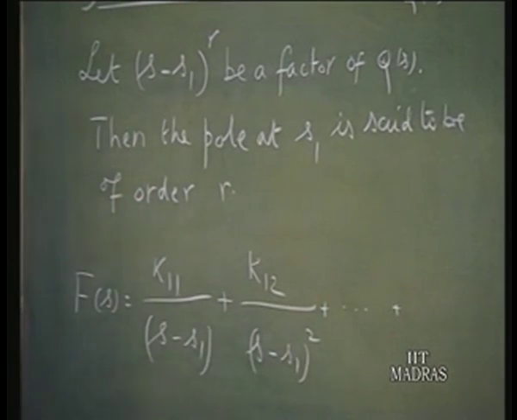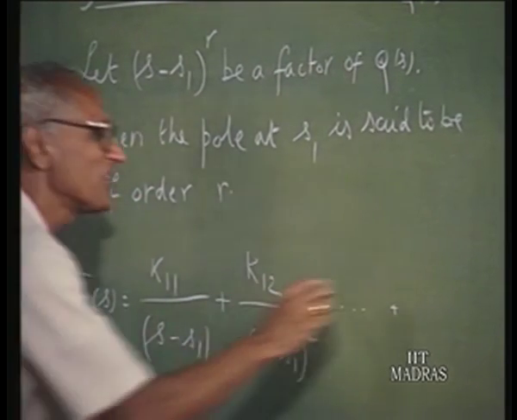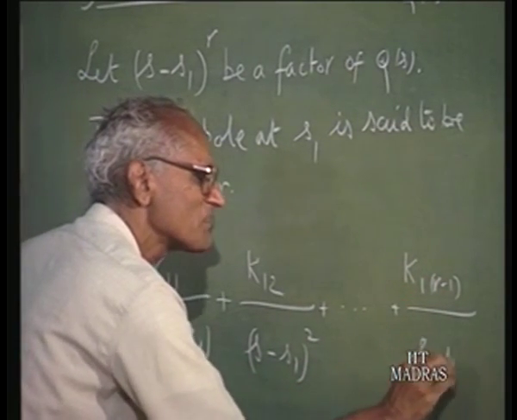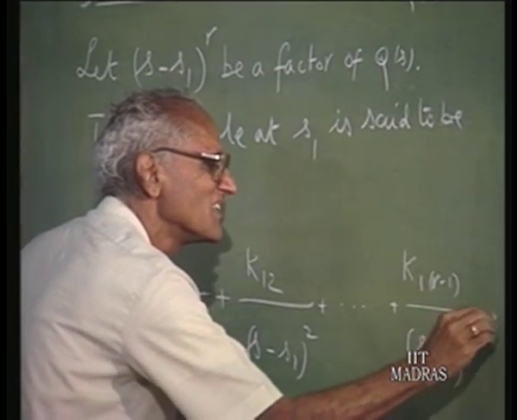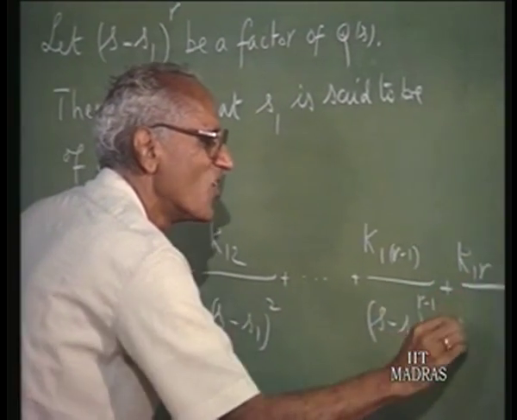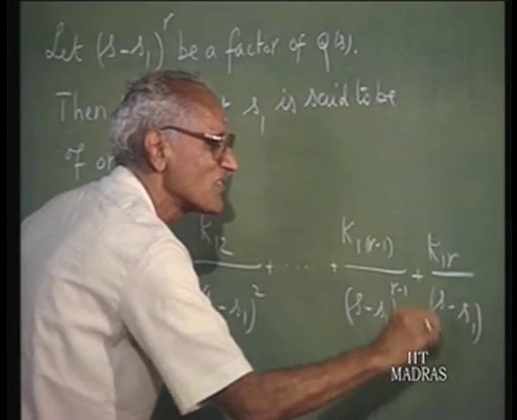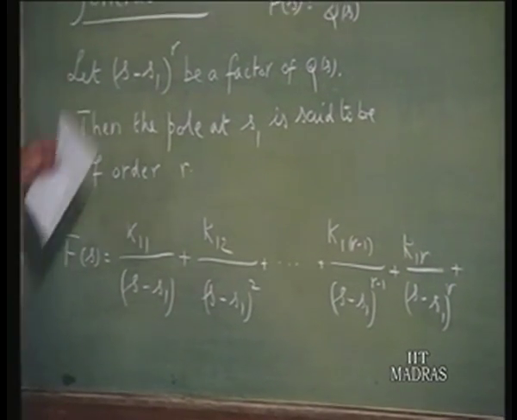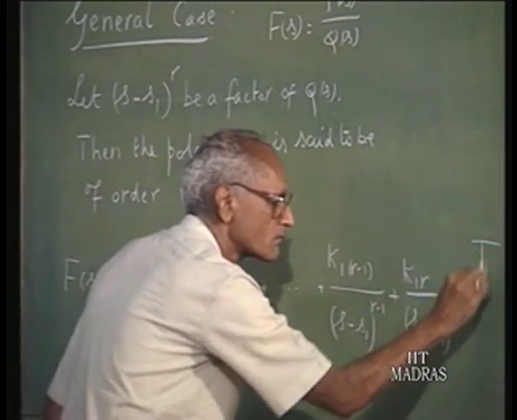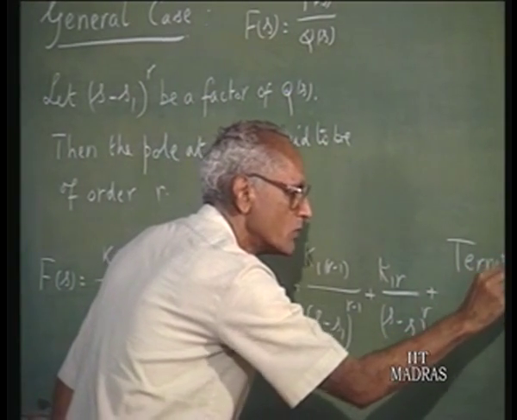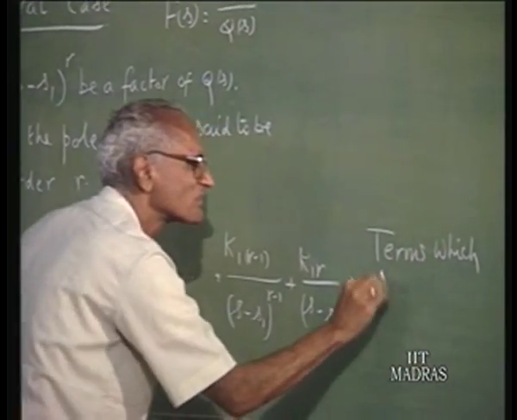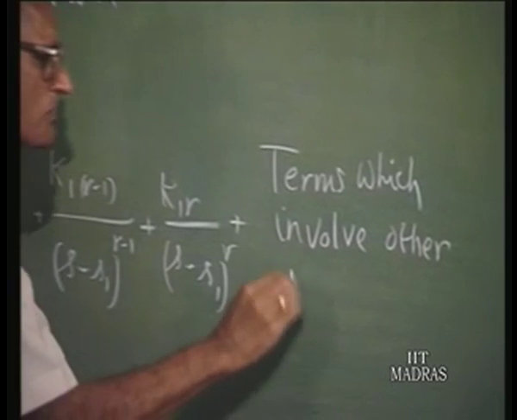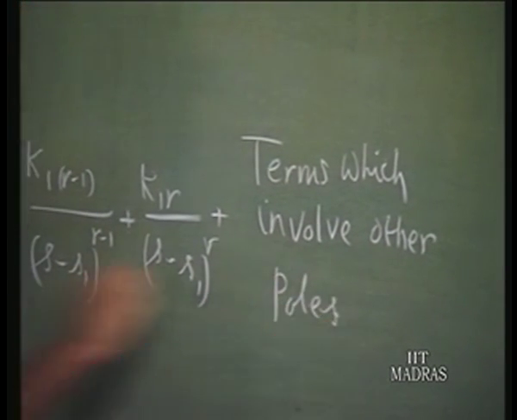So, the denominator will have expanding powers of (s minus s1), and finally you have k1(r minus 1) over (s minus s1) raised to the power of r minus 1 plus k1r over (s minus s1) raised to the power of r, plus terms which involve other poles, that is poles other than at s equal to s1.